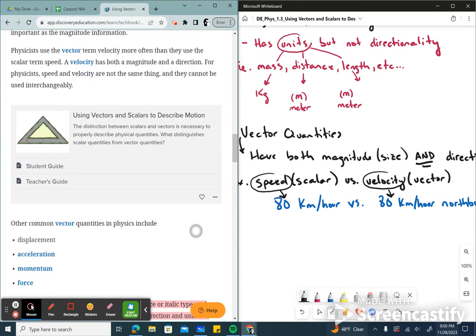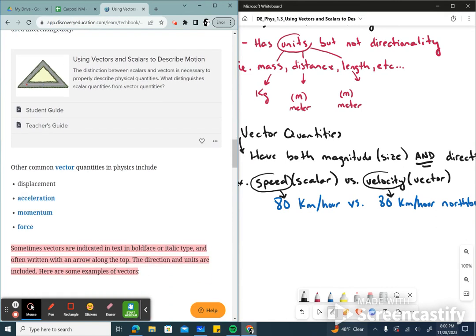Review, right? So consider some of these other examples of vector quantities. Displacement. Maybe you could talk about a location. I was displaced 2 meters from where I was standing. I was displaced 2 meters east, right?